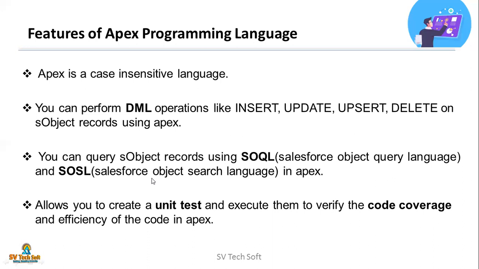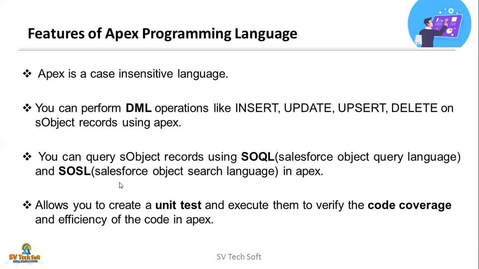Simply by using SOSL, I define FIND SSN number IN ALL FIELDS RETURNING sObjects, and I will define all 10 objects. In that case, if his SSN number is used in any of the records in all 10 objects, it will retrieve all the data wherever that SSN number is. It means retrieving or finding data on more than one object.